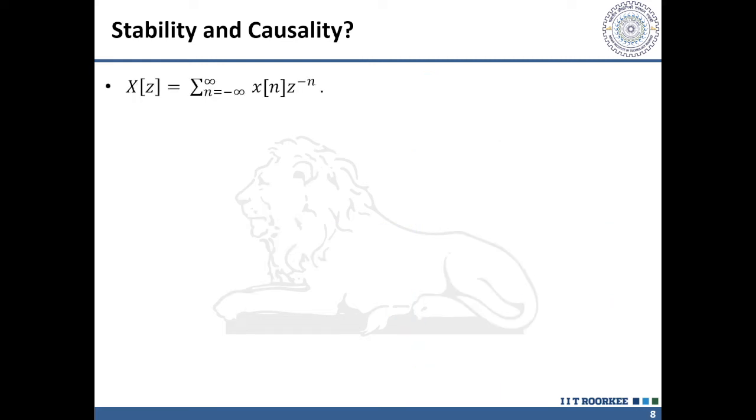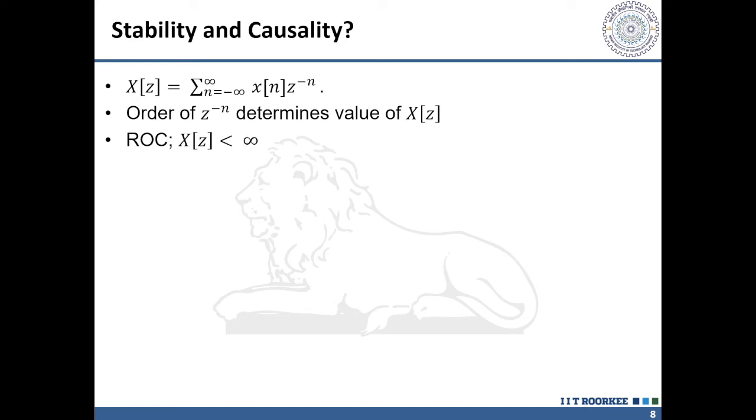Now we know Z transform of a signal x[n] is represented by this formula, and from previous discussions we have observed that the order of z to the power minus n plays a very major role in determining stability of a signal, as at some point it begins to diverge so much that the value of X(z) reaches infinity, and then the ROC comes into picture.